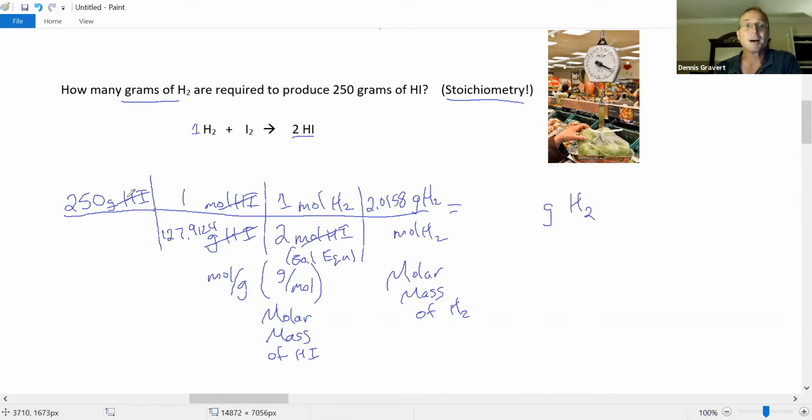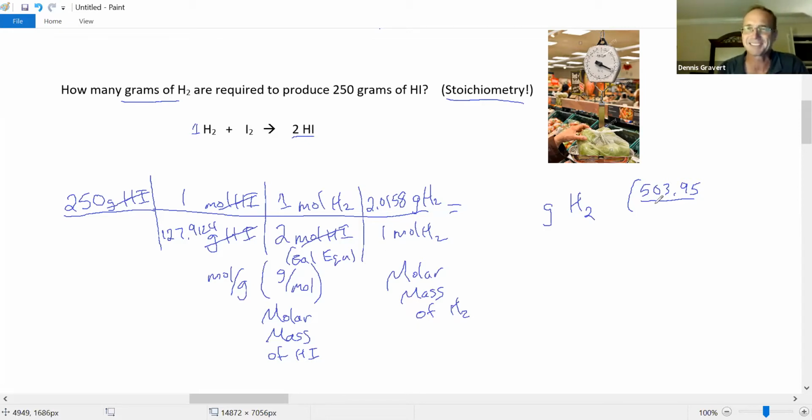So in your calculator, you take 250 times 1 times 1 times 2.058. I did that off to the side here. It is 503.95 divided by 127.9124 times 2 times 1.